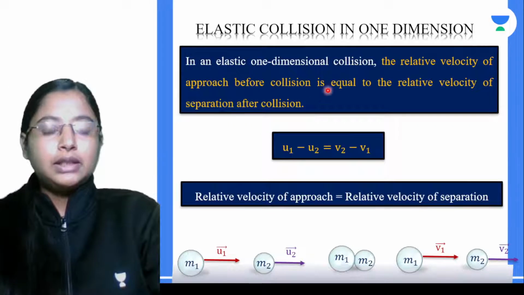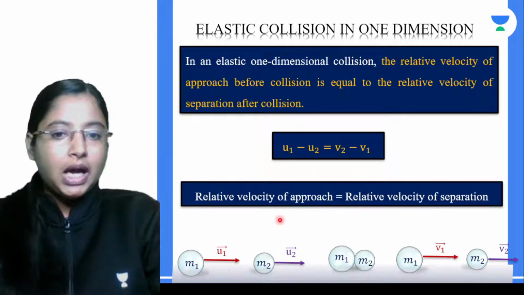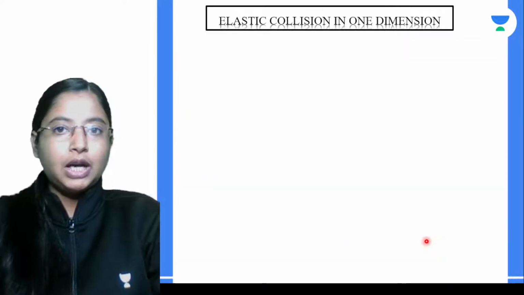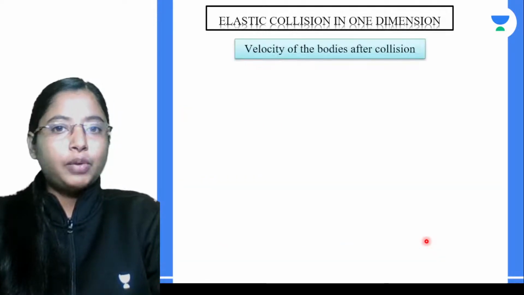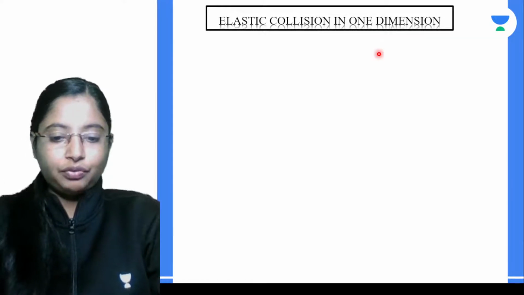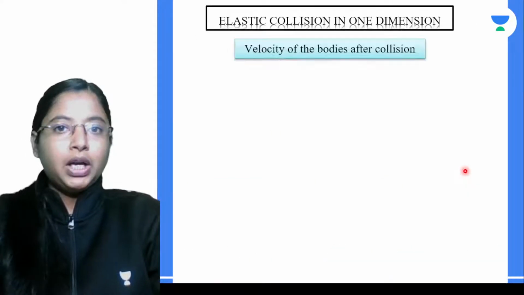So how do we get V1 and V2? We just want to see how to get the velocity of the objects after collision in an elastic collision in one dimension. How do we get the derivation for V1 and V2? That's very simple.